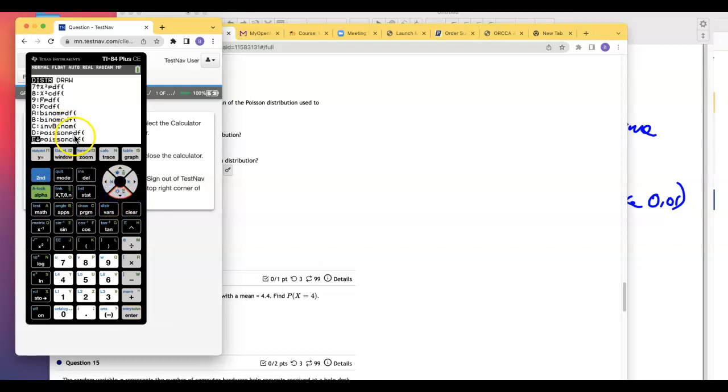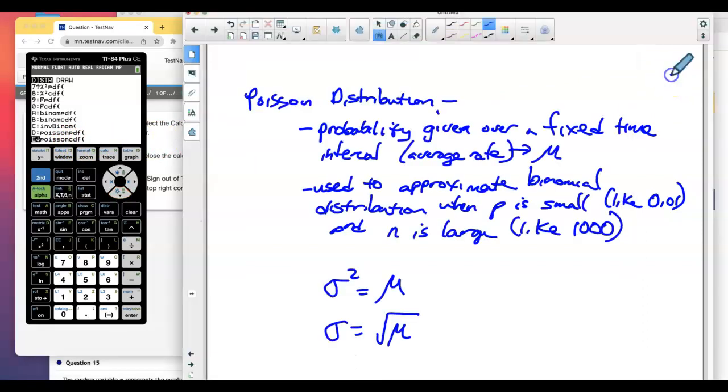There's a PDF for equals and there's a CDF for cumulative, and they're exactly the same as the binomial except in what you put in. You only need to put the average and the number. You don't have anything else. You're going to put in mu first and then the number they want second with a comma.